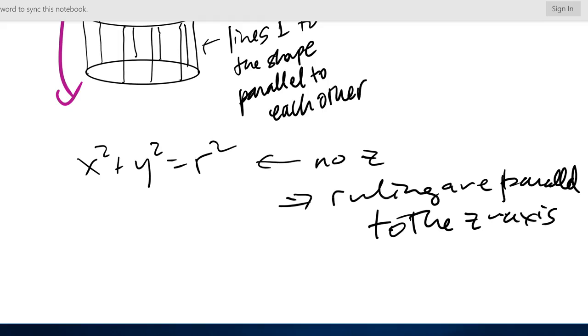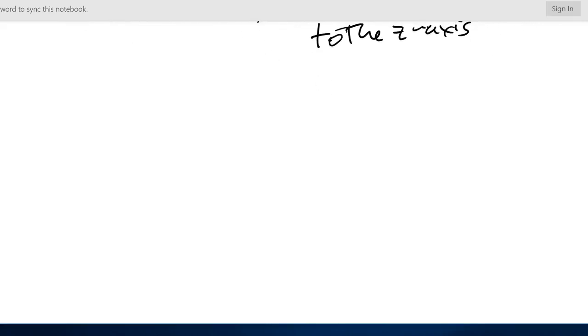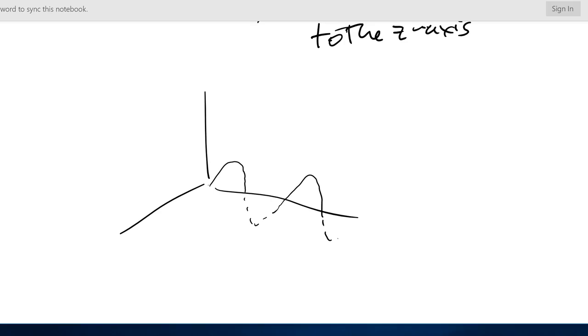You can do this all day with different shapes. You could have something like a sine curve that goes along the y-axis, goes down and then up and down like that, and let's draw that in blue.